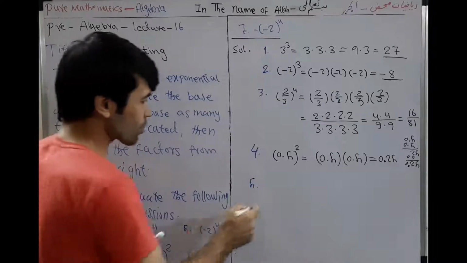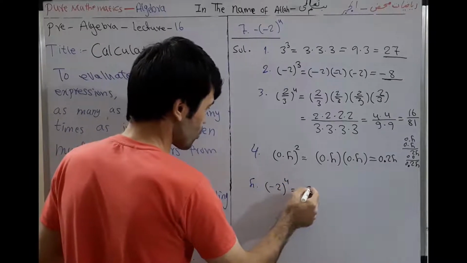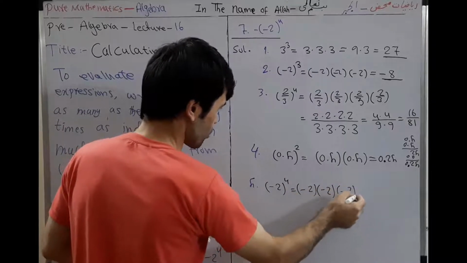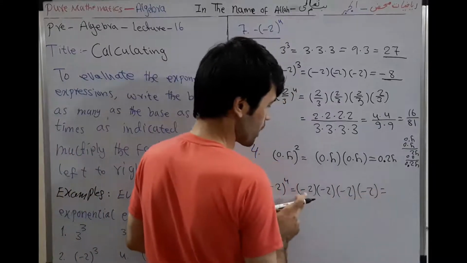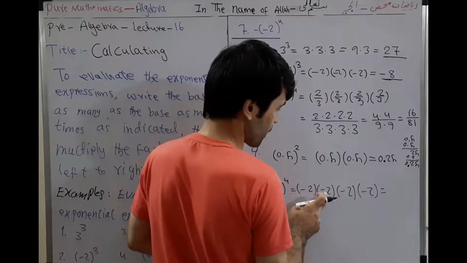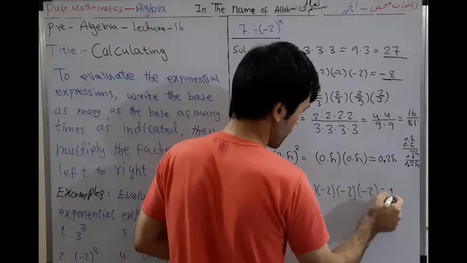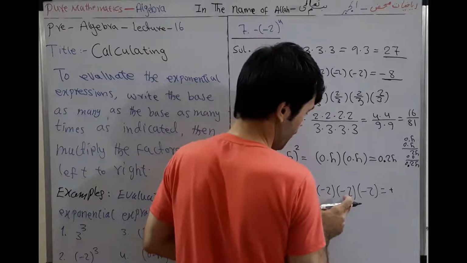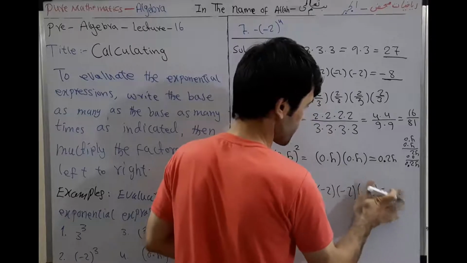Number 5. Minus 2 whole to the power 4 is equal to minus 2 multiplied by minus 2 multiplied by minus 2 multiplied by minus 2. It is equal to minus multiplied by minus, plus; plus multiplied by minus, minus; minus multiplied by minus, plus. 2 multiplied by 2, 4, multiplied by 2, 8, multiplied by 2, 16.